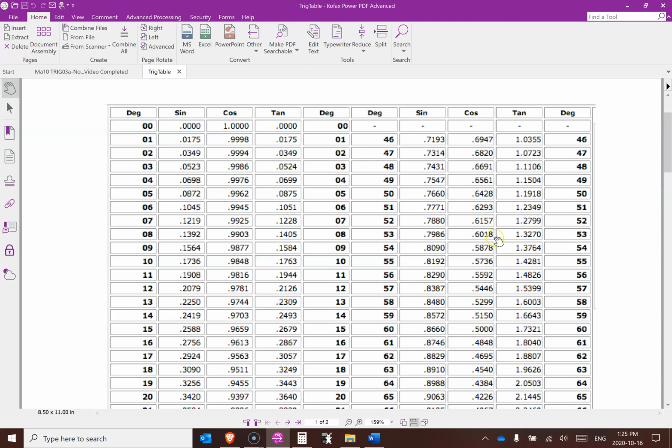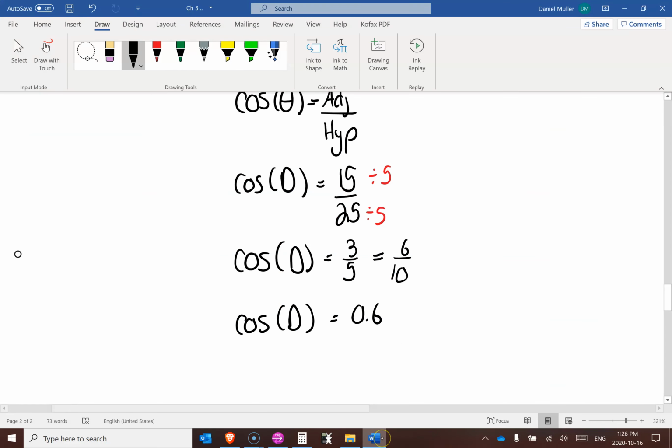And what is that angle? 53. Sometimes it's between 52 and 53. In this case it is between 52 and 53, but it's so much closer to 53, so I'm just going to say it's 53. We're just estimating here. So I would say that D is equal to, using the table, 53 degrees.